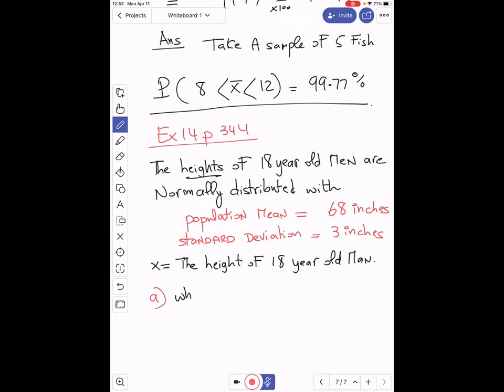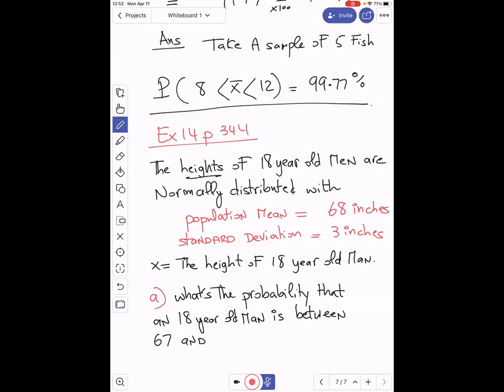So here, guys, it's about the probability that a single person, just one 18-year-old man, right? That's only one person here.